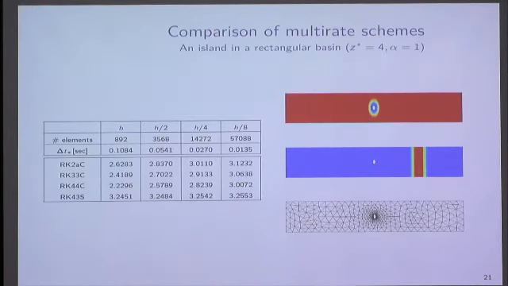So here we will compare the convergence of the multirate schemes with the single-rate schemes. We just chose a small example with an island in a rectangular basin with bathymetry on the top, and an initial condition that is an exponential on an unstructured mesh here.